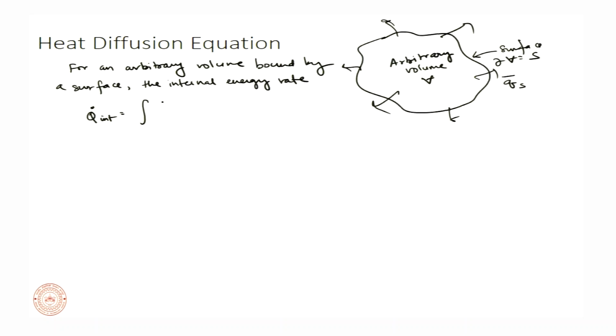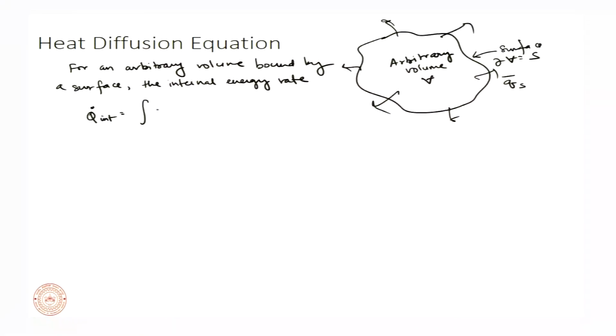So, it is mCp delta T, right. The internal energy is mCp delta T for a solid. Cp and Cv are the same for solids. So, m is rho into V. Since it is an arbitrary volume, we can take an integral over the V. So, it is rho into Cp into T into dV.